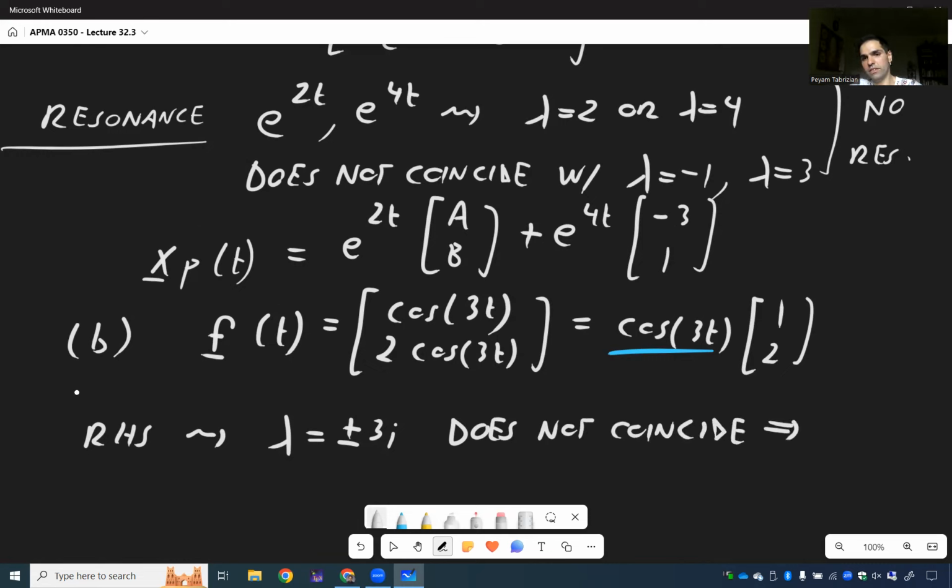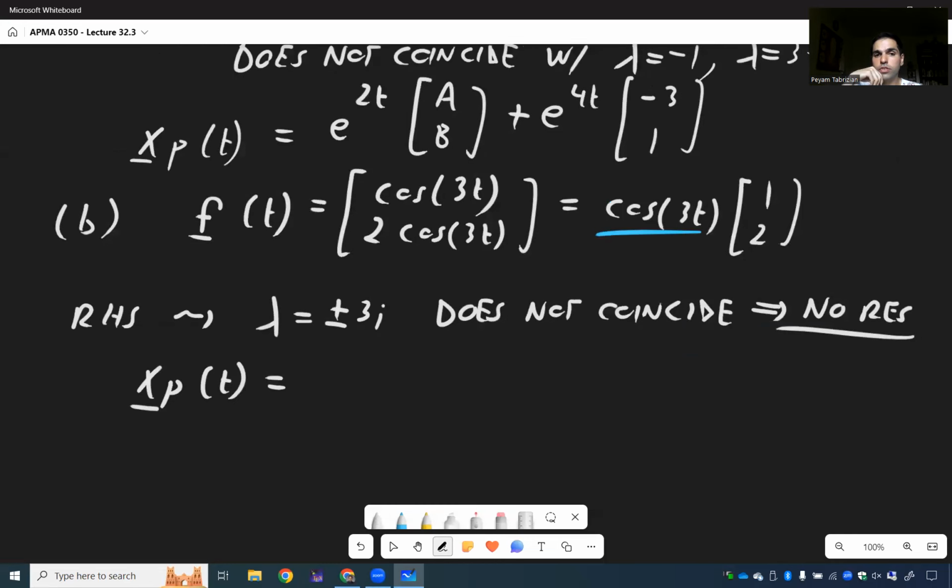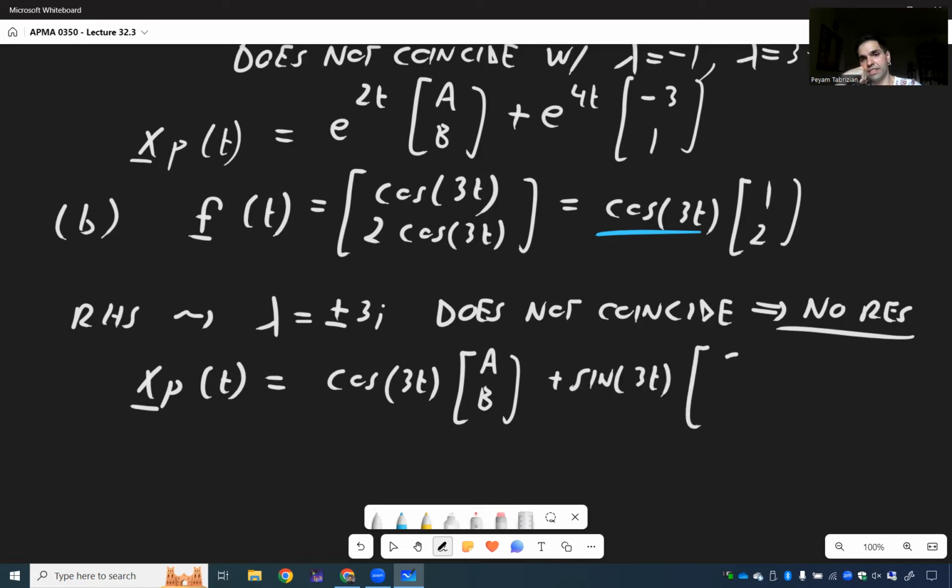And so again, no resonance, which means you guess your usual thing. And remember the rule, cosine always goes with sine. And so this gives you cosine 3t times a vector (a, b), plus sine of 3t times another vector (c, d).